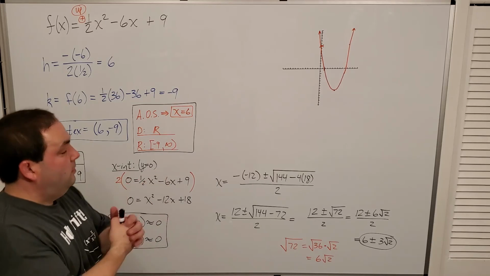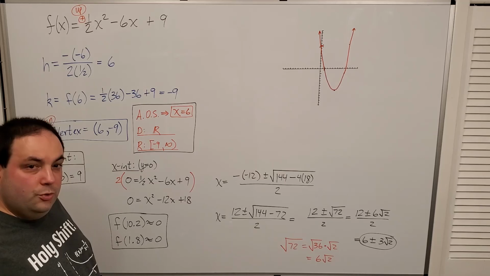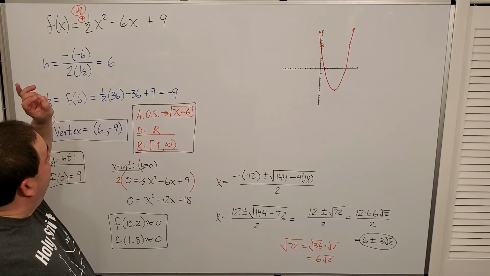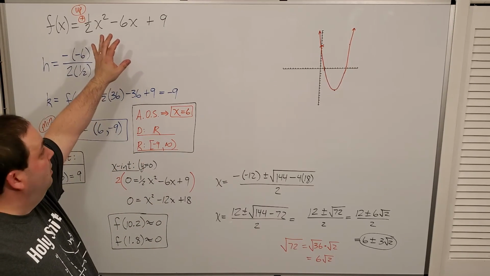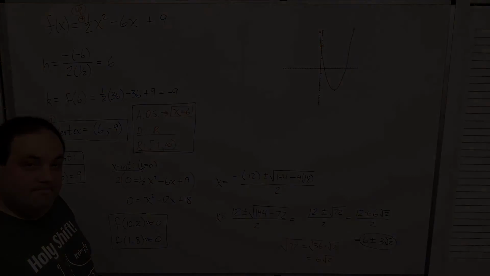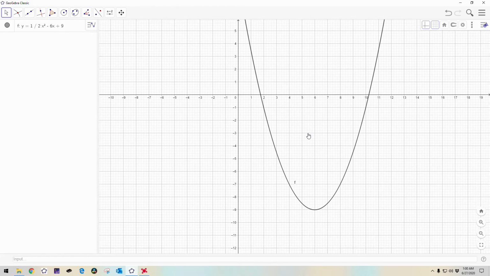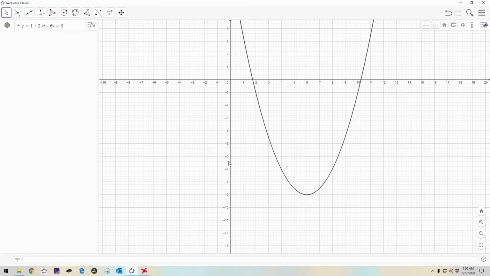All right, so I hope that really helps you see all of the things that we need to be able to do when you're given the quadratic function equation. All right, here's the next one. The 1/2 x squared minus 6x plus 9. Here's the parabola. First note that the vertex here, the low point in the curve, is at 6, negative 9.